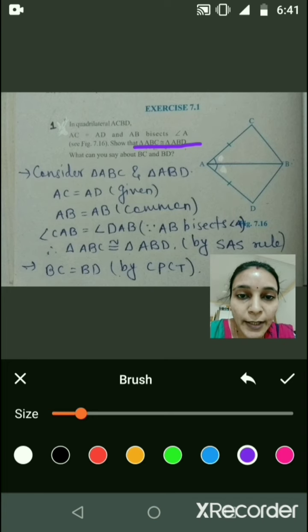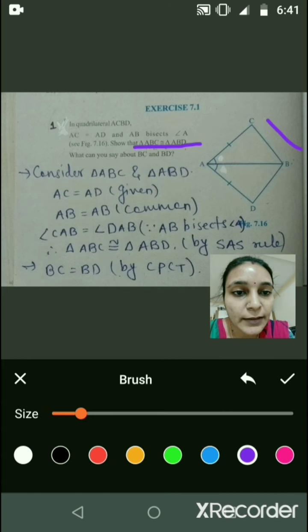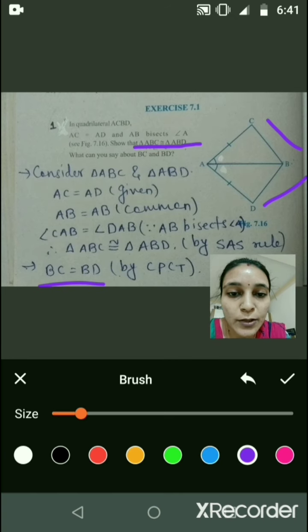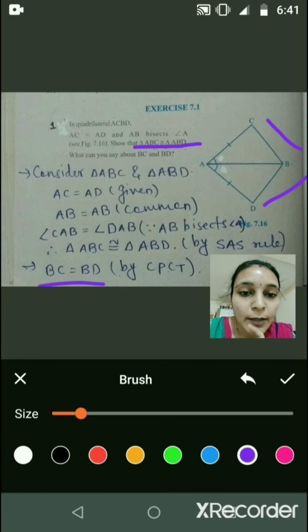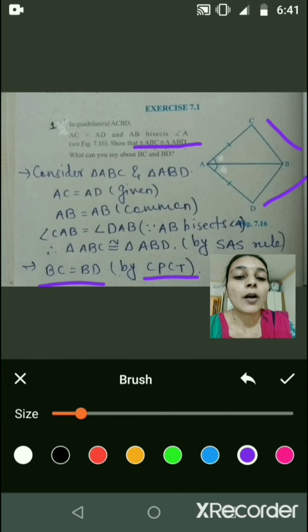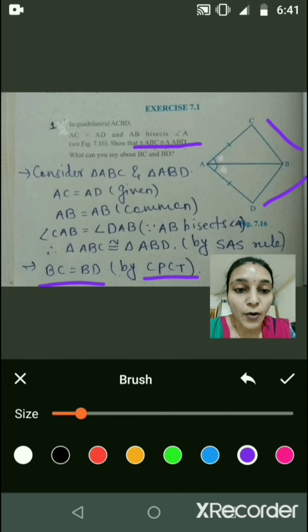Now next, what can you say about BC and BD? We can say BC is equal to BD. Why? Because by CPCT. Now what is CPCT? It is the corresponding part of congruent triangles.